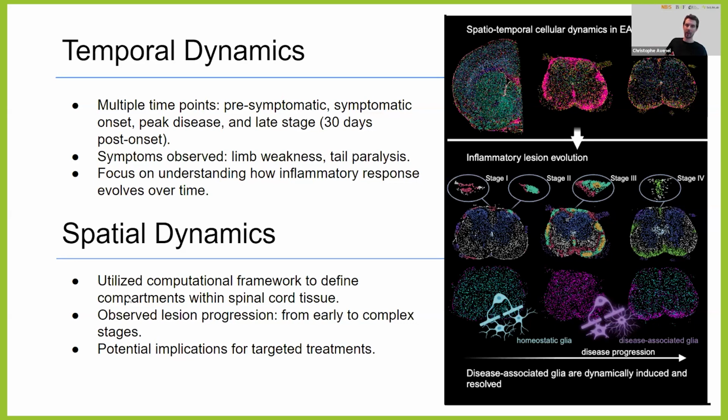So they were also annotating regions of interest based on the cell populations in each local region. And then they utilized this computational framework to understand the progression inside each section, and from early to the more complex stages of the disease inside the different sections. And this was to give potential implications for targeted treatments.